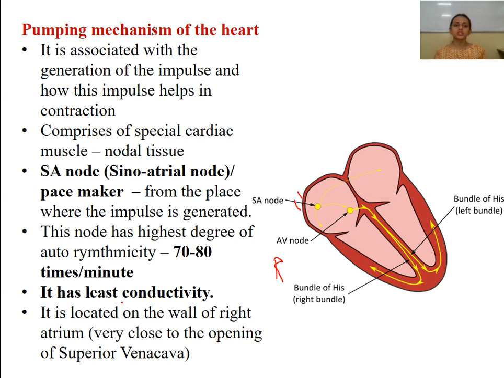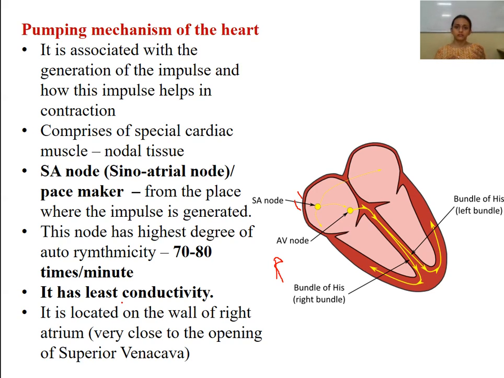Through this generation of impulse the heart pumps. So what is the pumping mechanism associated with? It is associated with the generation of impulse and how this impulse helps in contraction.